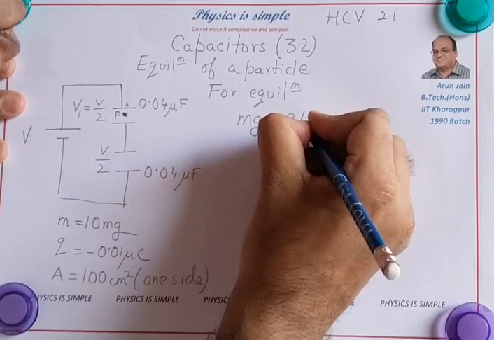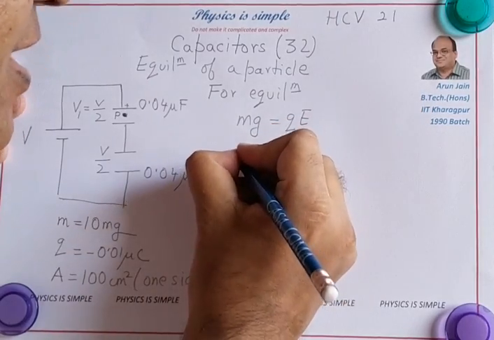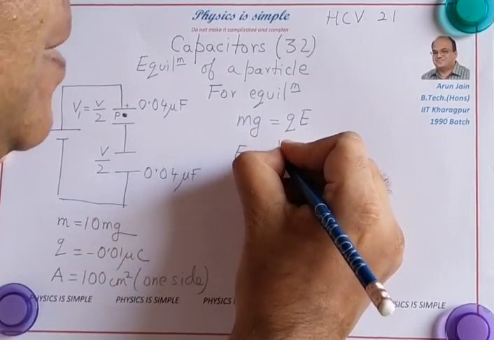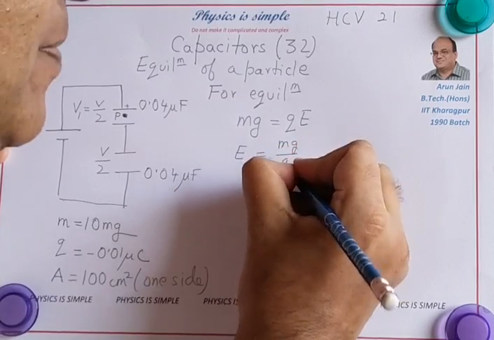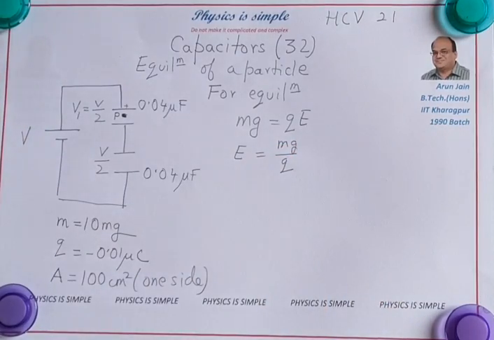Now therefore the electric field will be equal to mg by q to keep the particle in equilibrium.